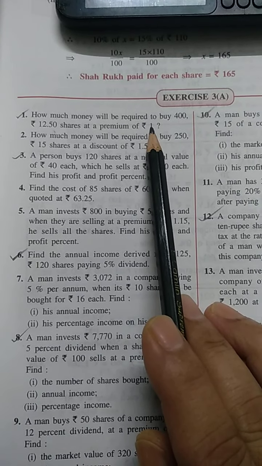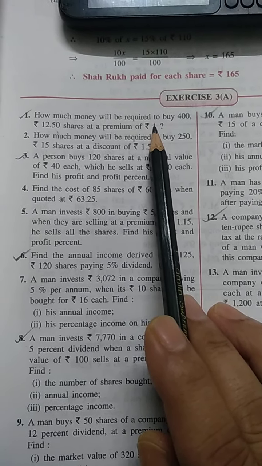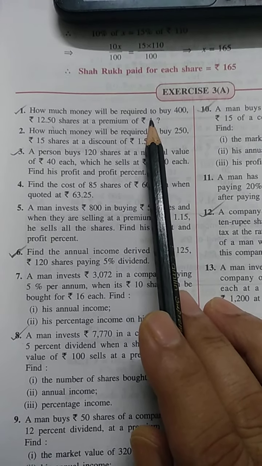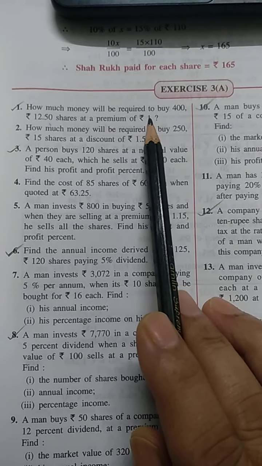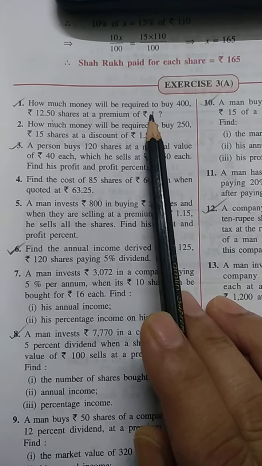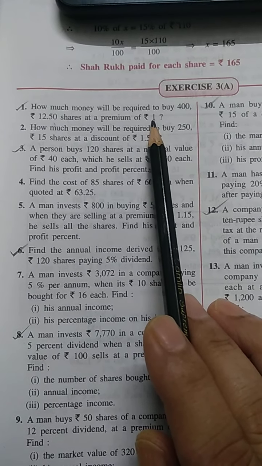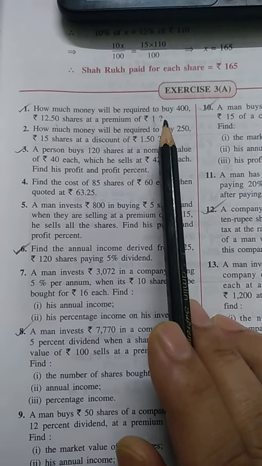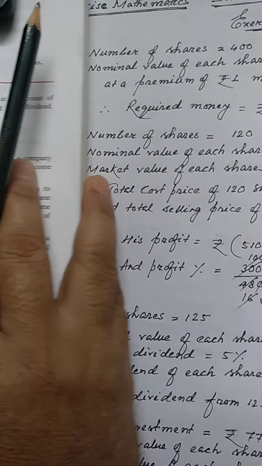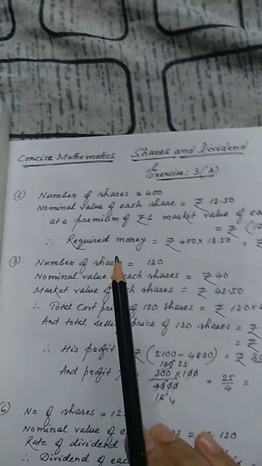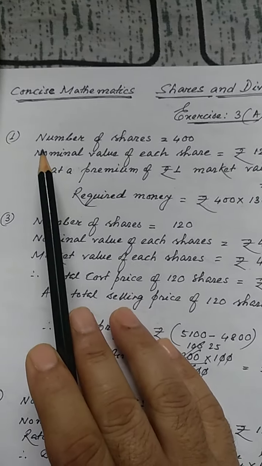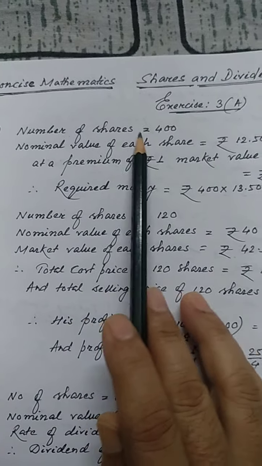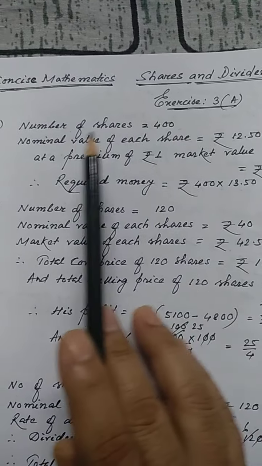of each share will be 1 rupee more than the nominal value. So market value of each share will be this 12.50 plus 1. So here you see, number of shares equal to 400.